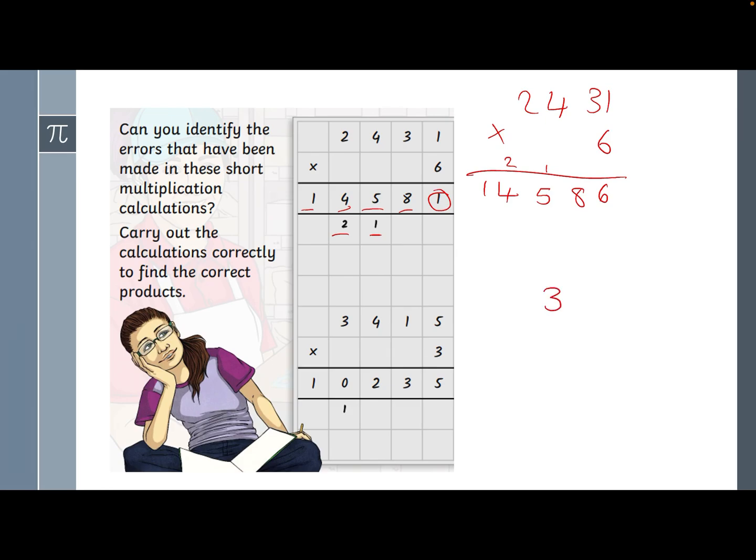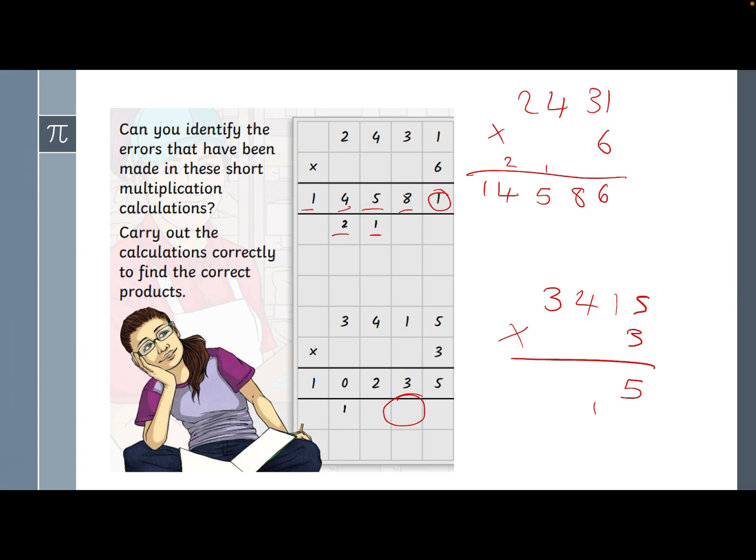What error has been made here? 5 multiplied, so I'm going to write it out again. 3,415 multiplied by 3. 3 multiplied by 5 is 15. Oh, I can already spot a mistake here. So maybe they haven't carried over their 10.